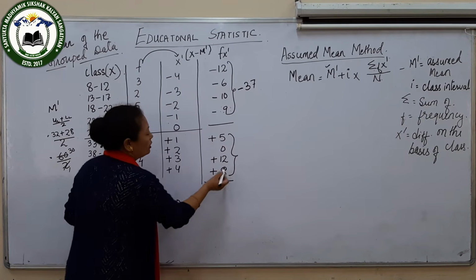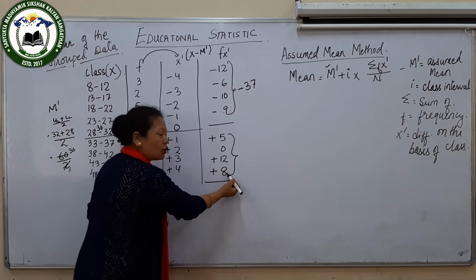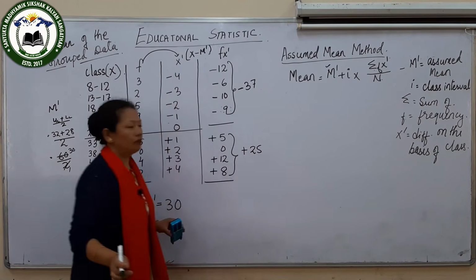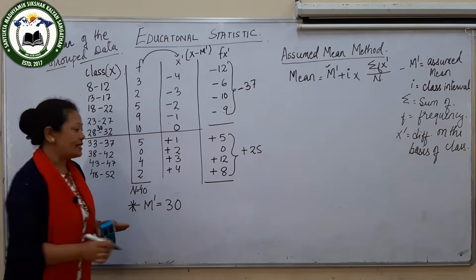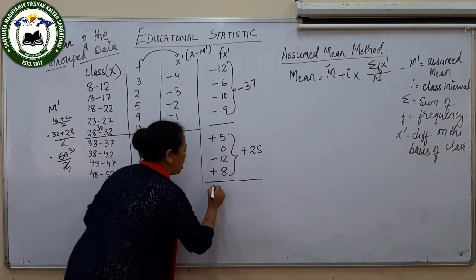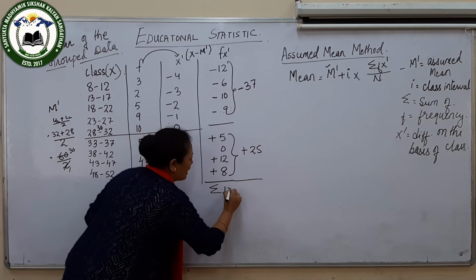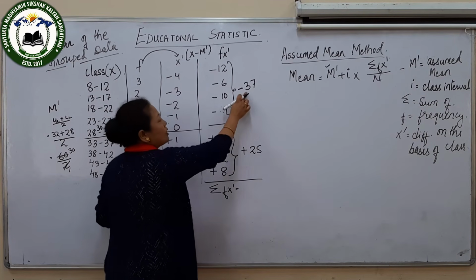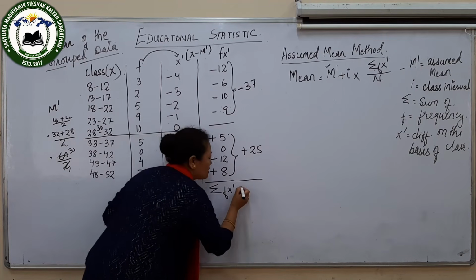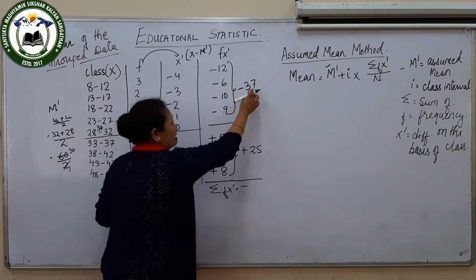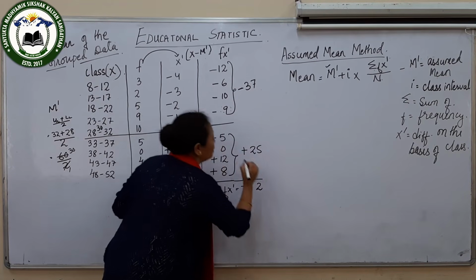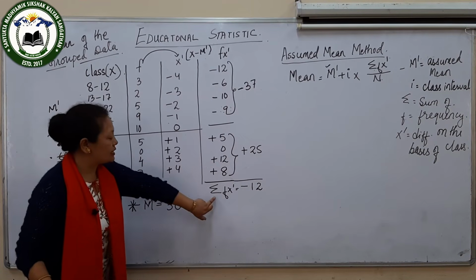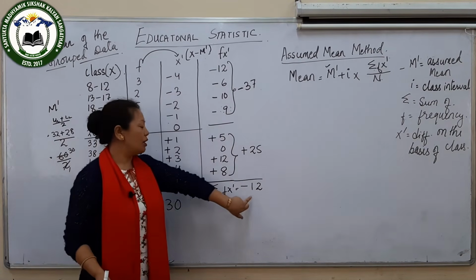Now, over here, 12 plus 8 is 20, plus 5 is plus 25. The next step is we'll find the sum of fx dash. Since the greater number is negative, we'll write minus over here and subtract. 37 minus 25 gives minus 12. So, we got this answer, that is sigma fx dash equals minus 12.